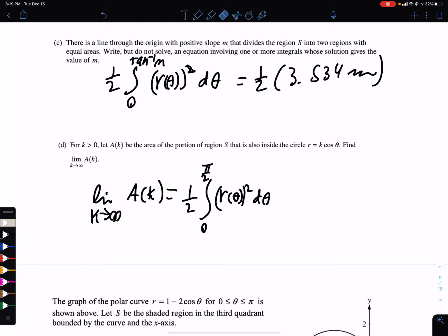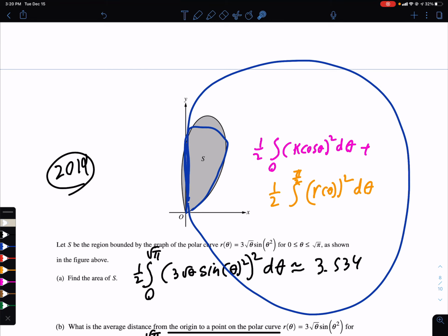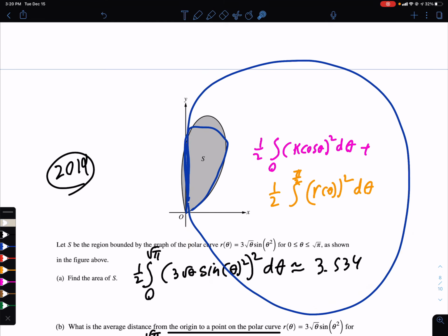So what just happened again? Logically, as this circle gets bigger and bigger and bigger, eventually it's going to come straight down. It's so big. And so when it comes straight down, the region that we're finding the area of is going to be from here all the way to 90 degrees.